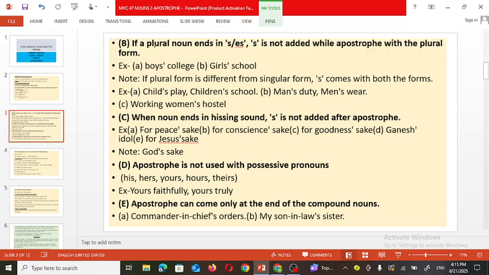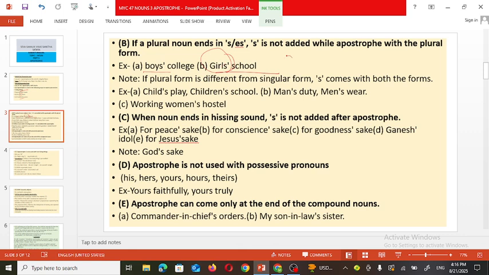Second rule: if the plural noun ends in s or es, in such cases s is not added with the apostrophe in the plural form. For example, boys' school or girls' school. The word girls itself is plural.